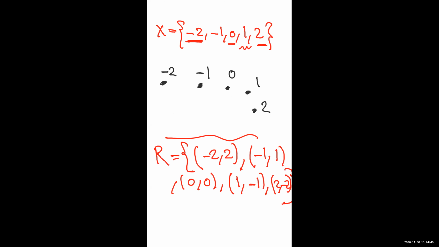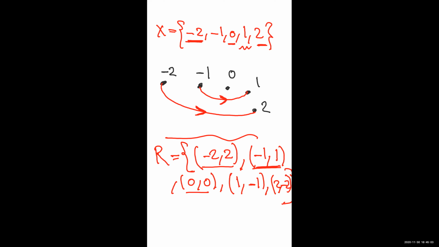Now represent it using arrows. -2 and 2: one arrow from -2 to the element +2, like this. Then -1 and 1: one arrow from -1 to 1. Then 0 and 0.